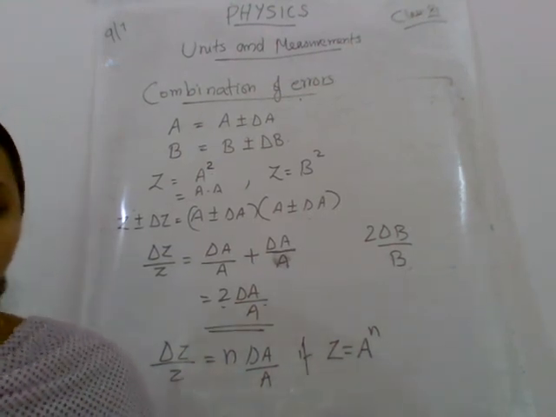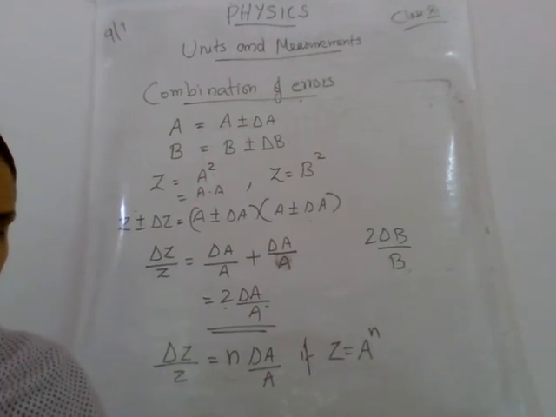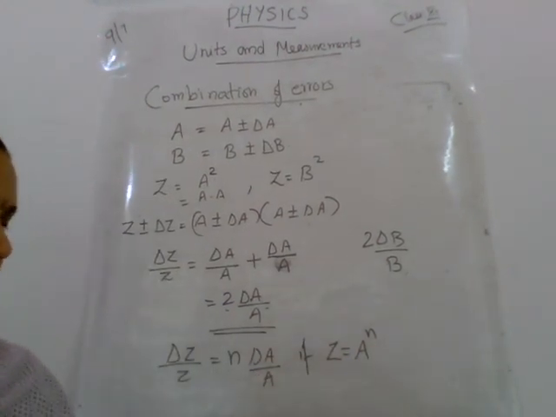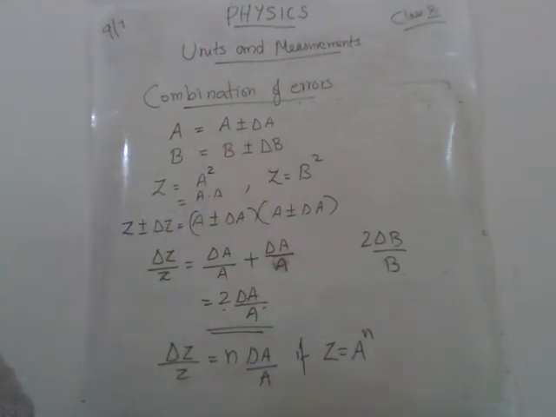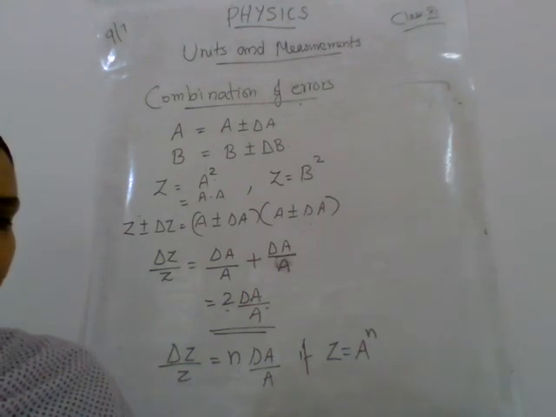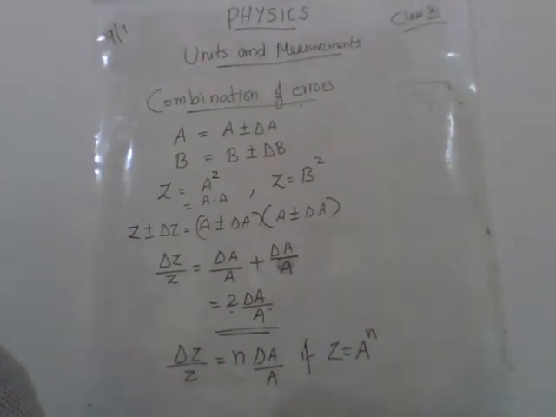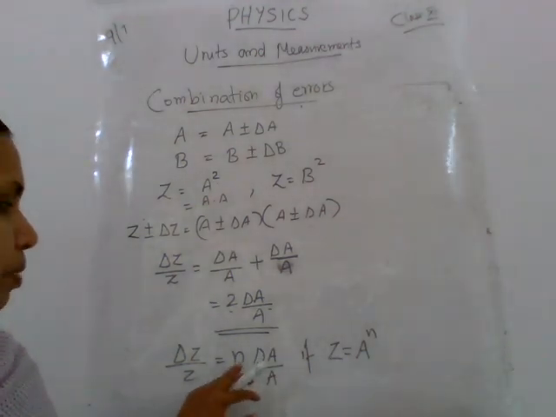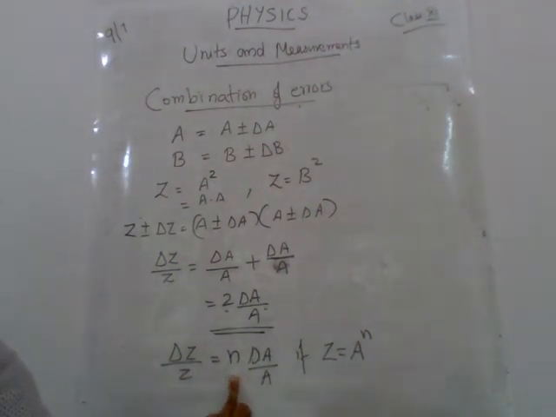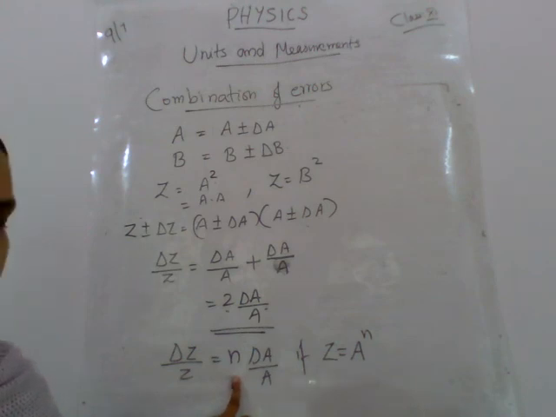So write down. Write up to this, then write, after copying this: the relative error in a physical quantity raised to the power n is n times the relative error in the individual quantity.